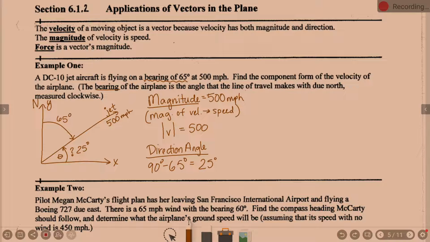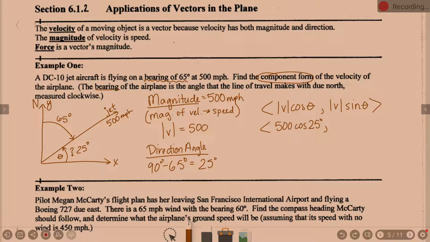It asked us to find what? The component form. Well, in order to find component form here, we've got magnitude and we've got an angle. So we can go back and use that idea of magnitude times cosine theta and magnitude times sine theta. Fill in what you know. Magnitude is going to be 500 times cosine of 25 degrees.